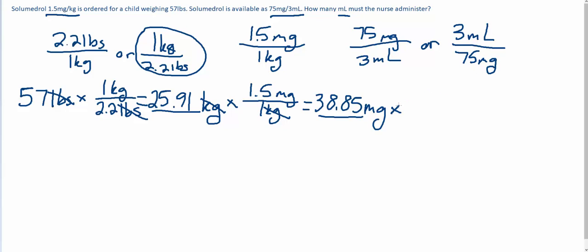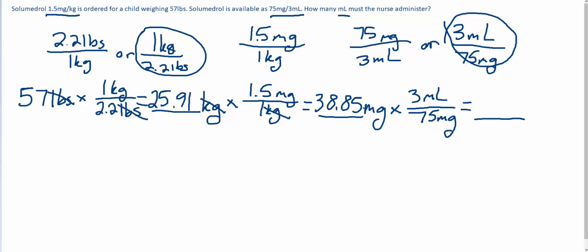So we'll multiply our milligrams of medication times one of these conversion factors to get our answer. In this case, we want to know how many milliliters the nurse must administer, so we need our units of milliliters to be on top. So we're going to use the second conversion factor. And we'll say that 3 milliliters contains 75 milligrams.